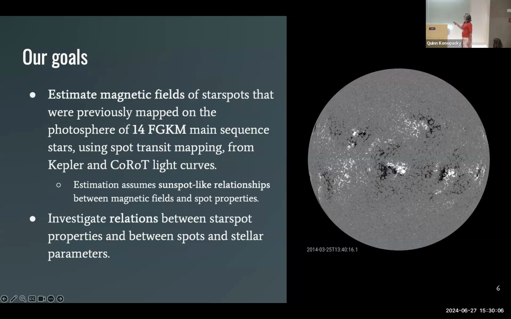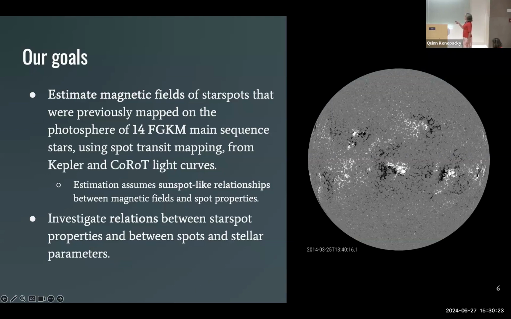So we go back to the star that we know very well. This is a solar magnetogram. What we're going to do is try to find relations between the sunspots' magnetic field and their properties like sizes and intensities.